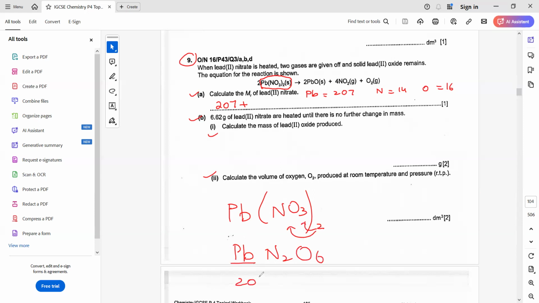So that's 207 plus nitrogen each is 14, so 2 nitrogen means it is going to be 28. Then there are 6 oxygen atoms, each is 16. 16 times 6 is 96. Then we can add them up: 96 plus 28 plus 207. So the answer is 331. Do you guys get this part?